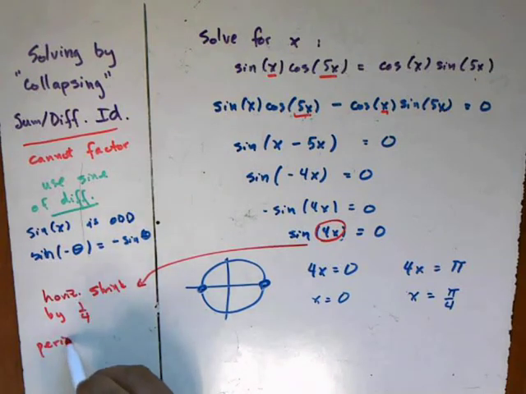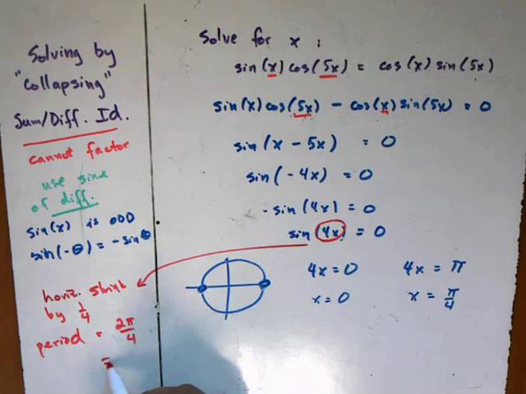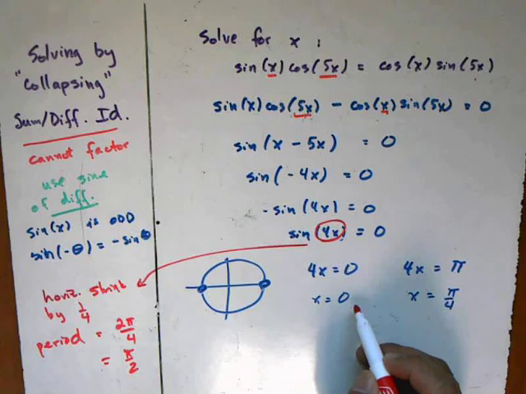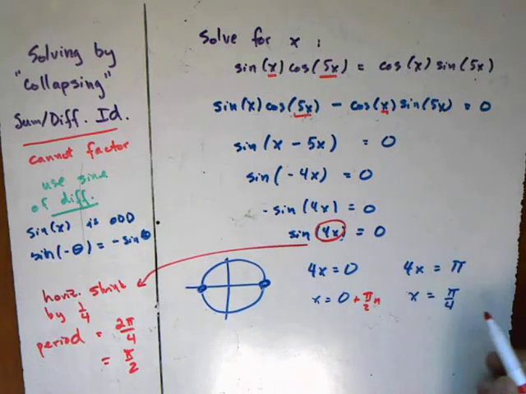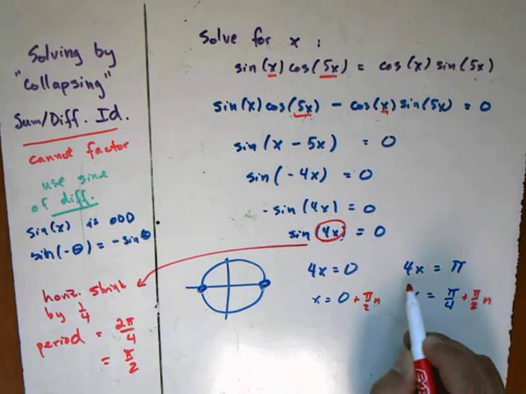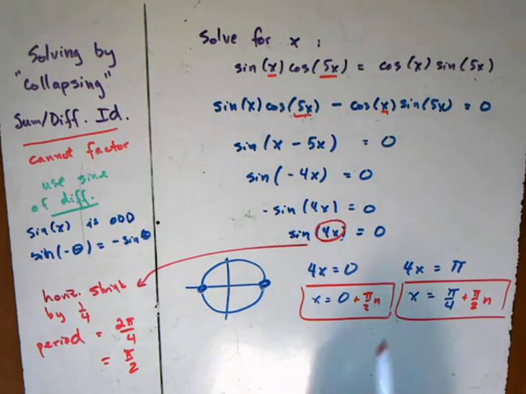So the period is not 2 pi, it's 2 pi over 4 or pi over 2. So to be entirely correct, we have x equals 0 plus pi over 2 n, x equals pi over 4 plus pi over 2 n. And now we have a complete solution to this problem.